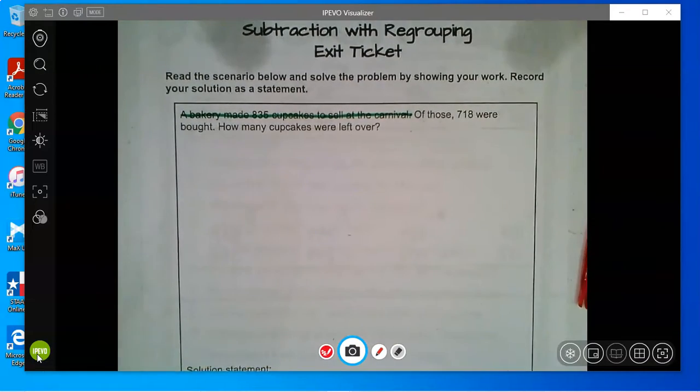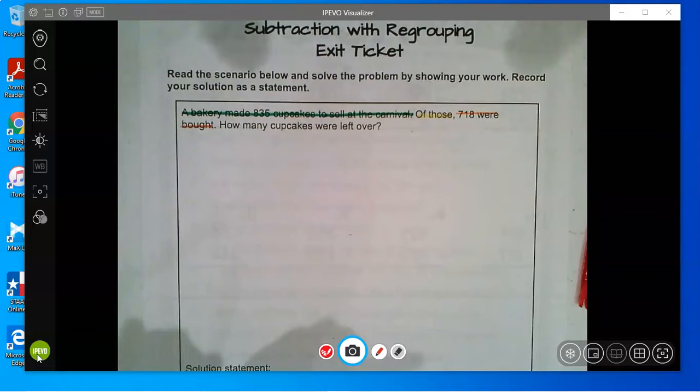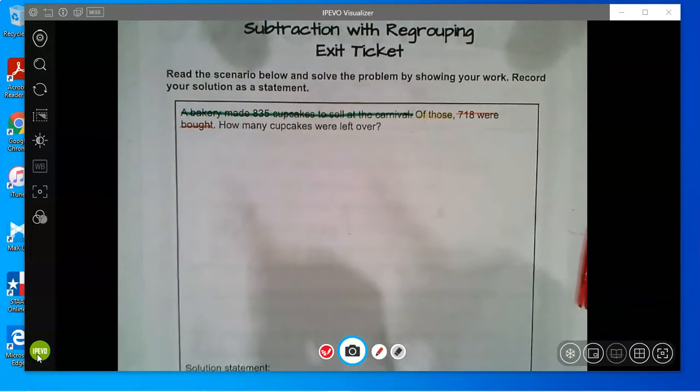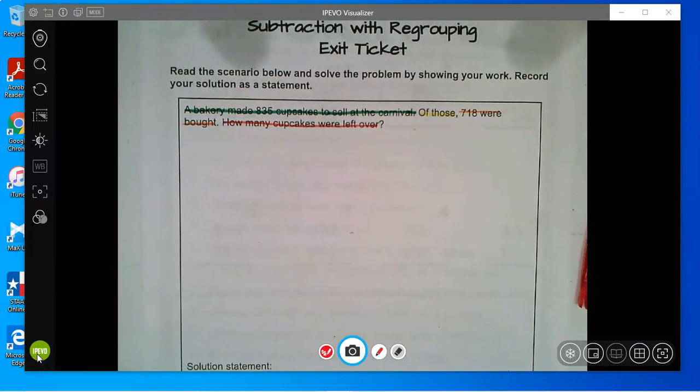And then we have, of those, 718 were bought. And then we have, how many cupcakes were left over? So that is our question. So that is what we are looking for.